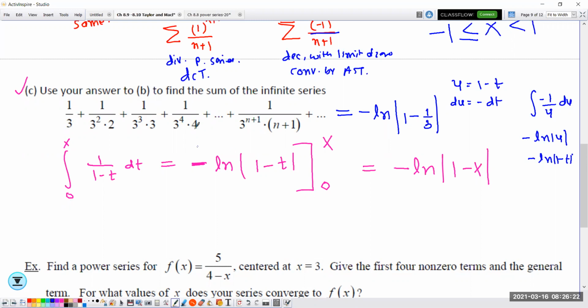So the answer will be, now I'm reviewing properties of log, negative ln 2/3, which is the same as ln 3/2. Multiple choice question, you have to be very careful. 1 minus 1/3 is 2/3. Negative ln 2/3 is the same as ln 3/2.